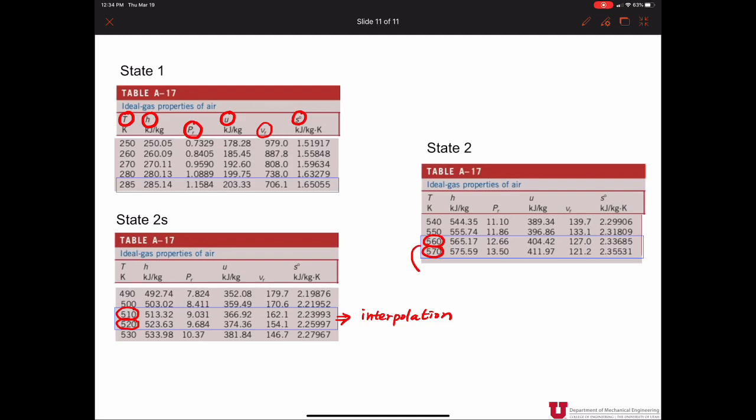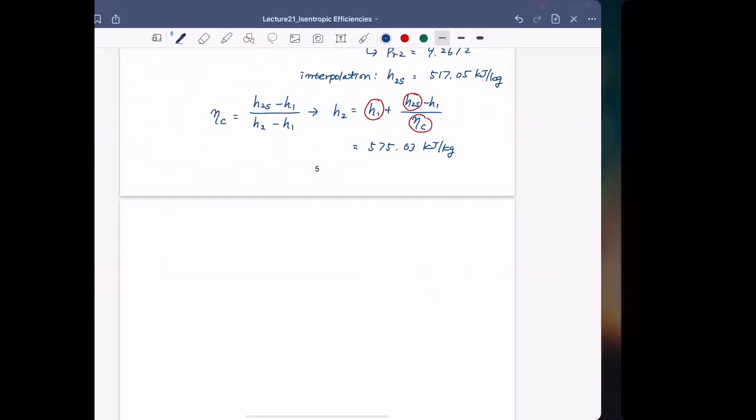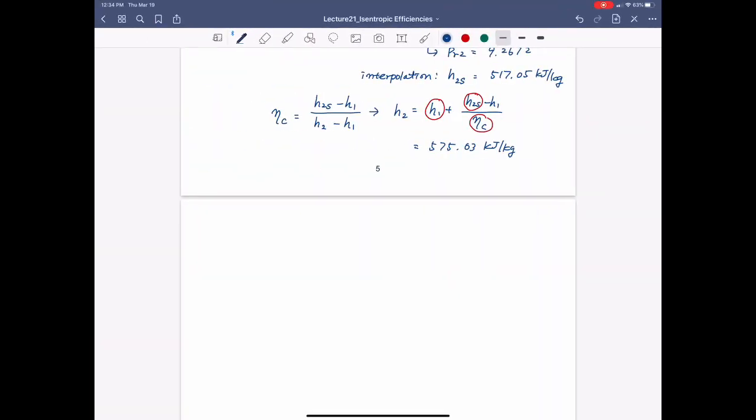Now, again, we use interpolation to find the temperature at the exit, T2. So by using interpolation, T2 can be calculated as 569.5 Kelvin.